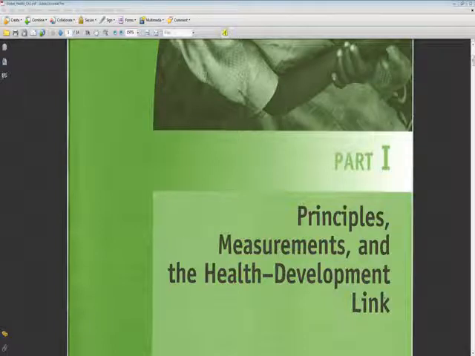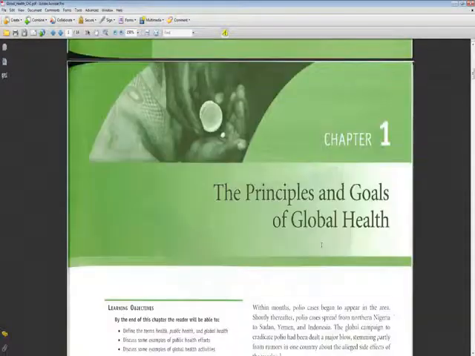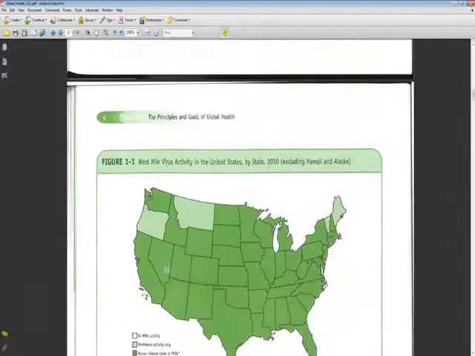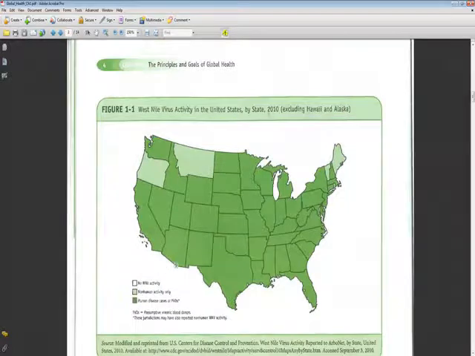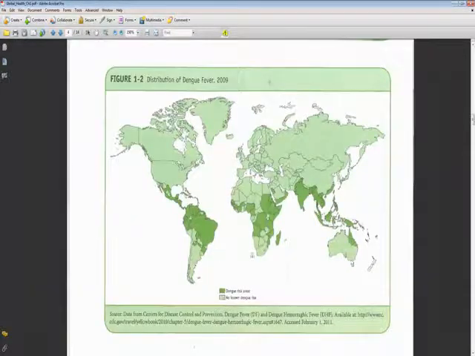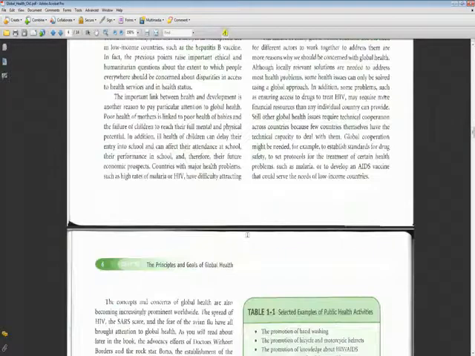Before we get started on the chapter, one of the things I wanted to point out, and it's something someone told me when I first started teaching, was how to read textbooks. I'm going to recommend this to you guys: scroll through the book, the chapters, reading the learning objectives, and just go through and read the titles, read captions on figures and tables, study graphs, maps, and things like this.